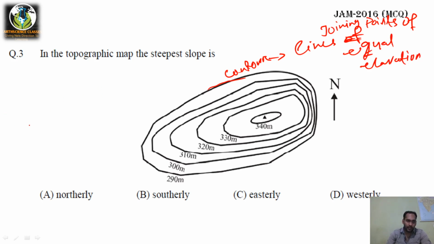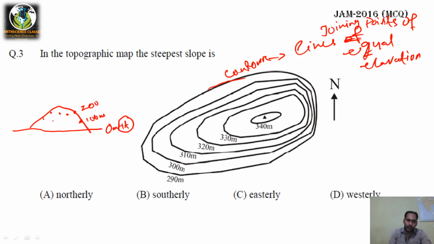Coming to that point again, let's say here it is a mountain. This is your ground surface. Let's say this ground surface is 0 meter. Here you will get another point of 100 meter, here another point of 200 meter.